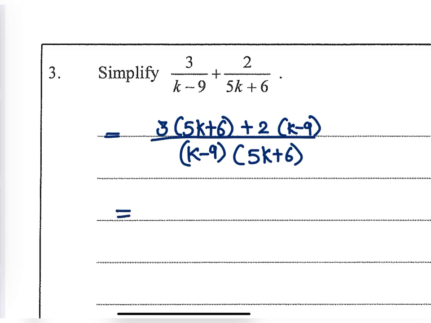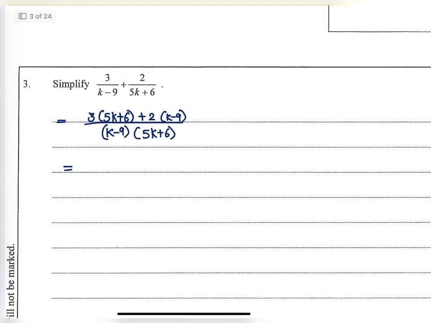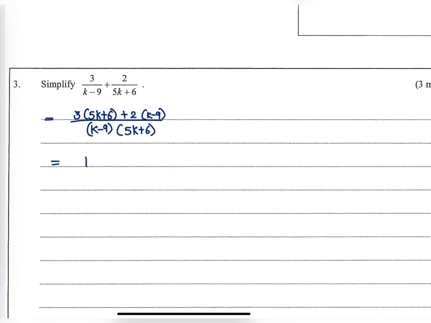So now open this bracket. It becomes 15k plus 18 plus 2k minus 18 over the denominator, which remains the same.